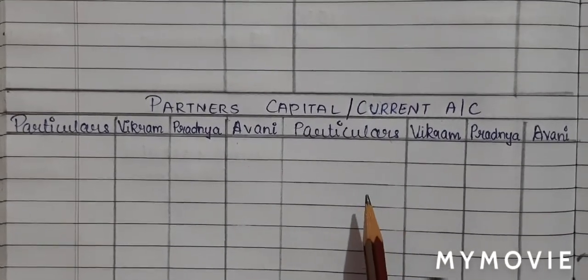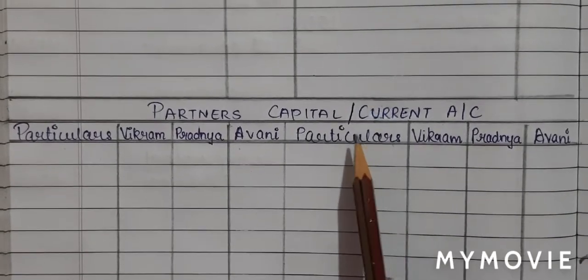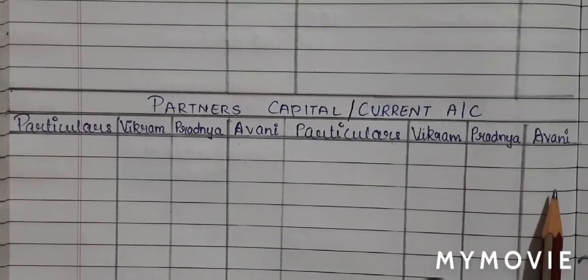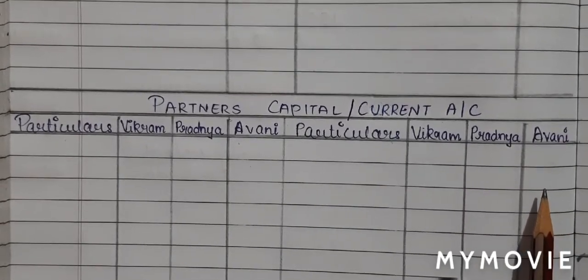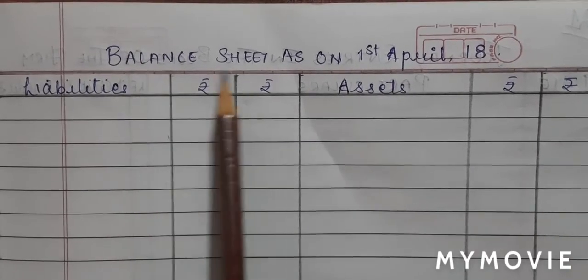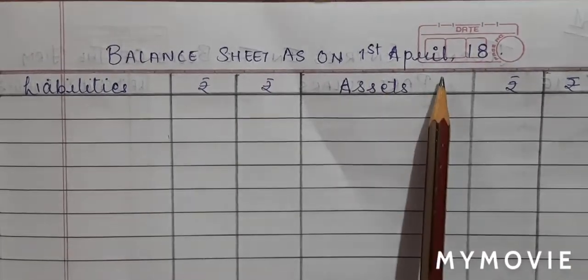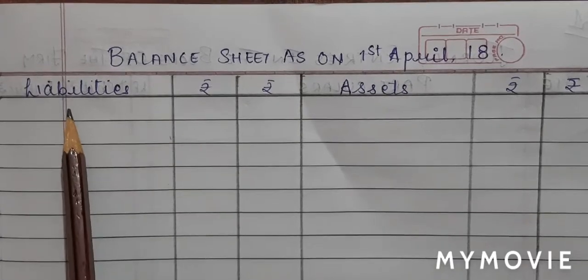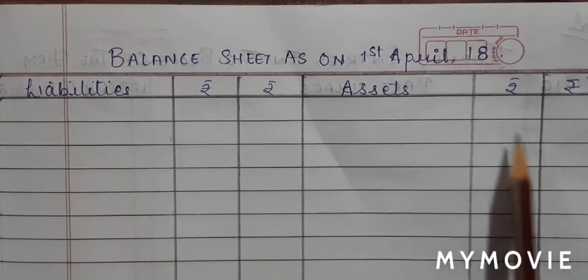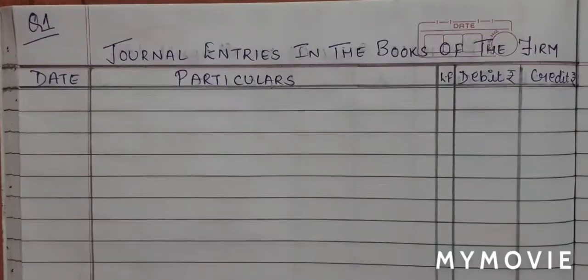Similarly, on the credit side, you will draw a particulars column and the amount columns will depend on the number of partners. And at the last, we will prepare the balance sheet for the new firm with liabilities and 2 amount columns and assets with 2 amount columns.